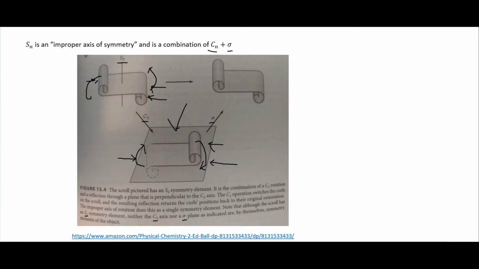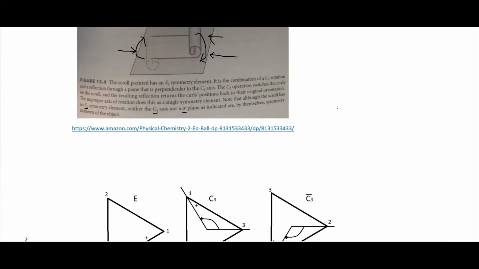Because as we'll see in the next couple videos, you can reduce symmetries down to a single symmetry operation. If you do multiple symmetry operations, you can always reduce it down to a single one. But these S ones cannot be reduced down to a single one.